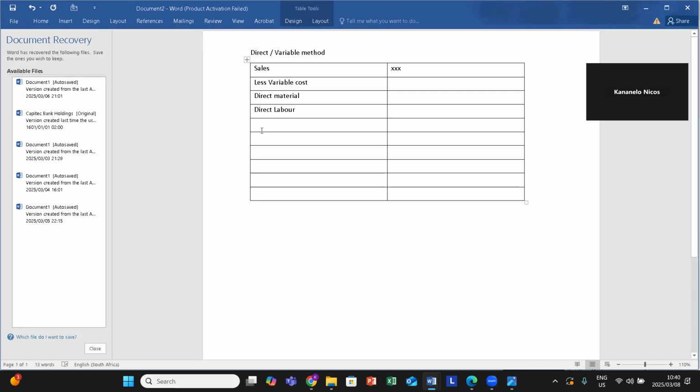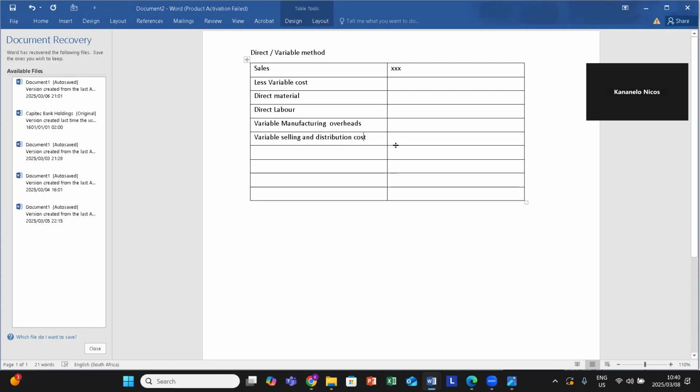And then we also have variable manufacturing overheads. And then we also have variable selling and distribution cost.